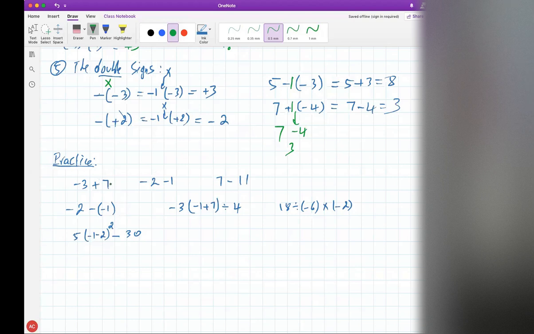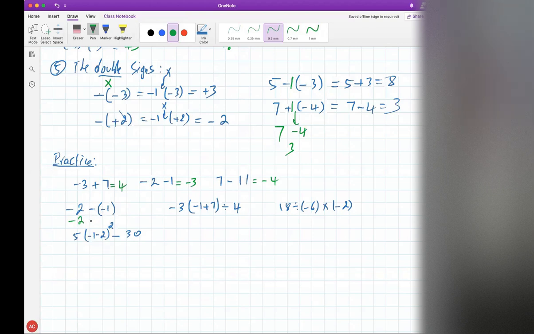What is the first one equal to? Plus 4. Right, positive 4. And this one? Negative 3. And here? Negative 4. That's right. This one, what do we do first? Negative 1. It's going to be negative 1.